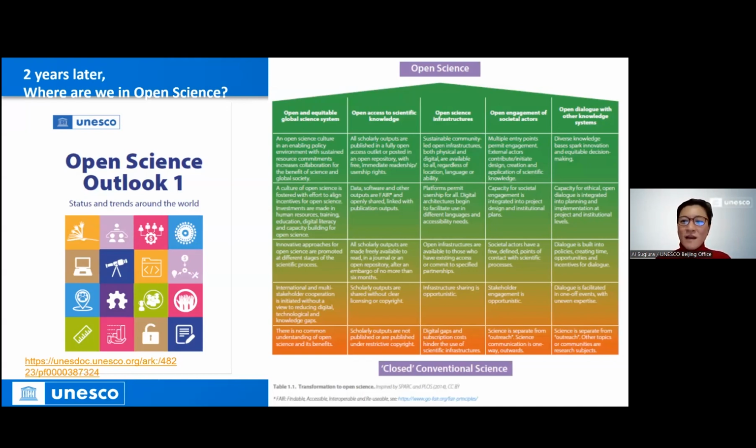And then on the open dialogue with other knowledge systems, same. We have some indicators, but we need more research on how we make sure it's really a dialogue, and not, how do we say, a researcher going to a community and writing a paper, and then all the knowledge from that community becomes the knowledge of the researcher only.